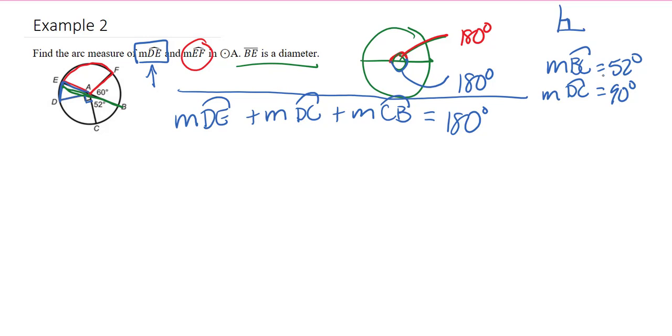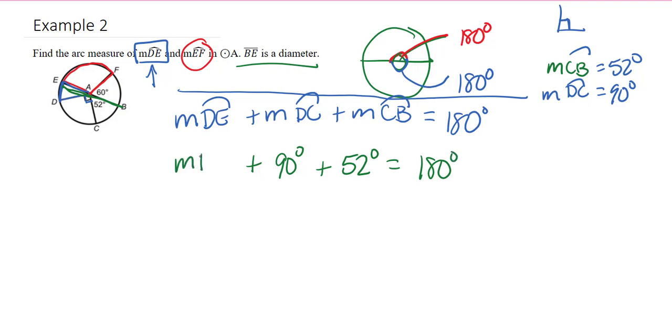So for the arc measure of DC, that's going to be 90 degrees plus, and then the BC or CB, we just mixed them up. You've got to put CB here. Let's go ahead and write that so it's consistent. So this is 52 degrees, and this stays the same as 180 degrees.